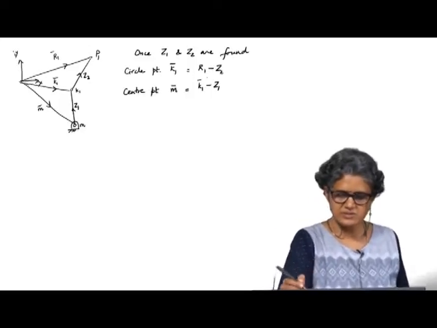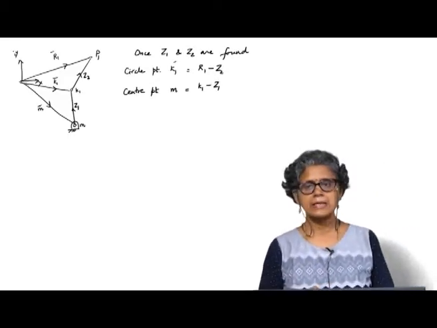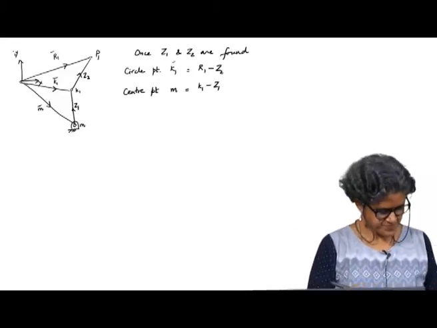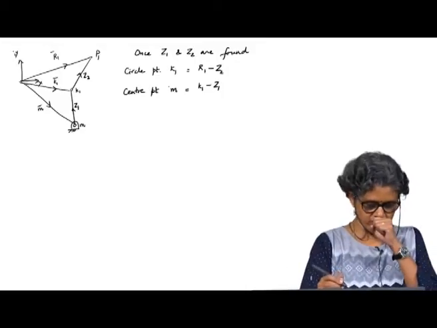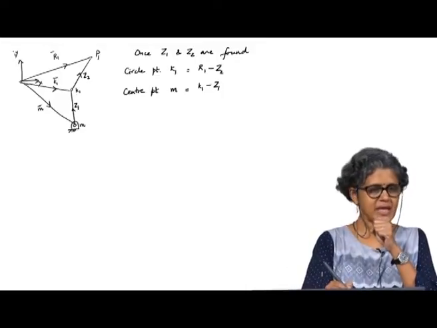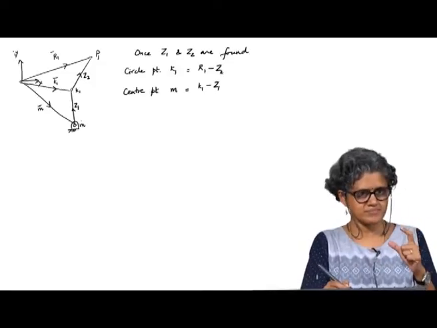All these are vectors. So, this combination of K and M is called a Burmester point pair.